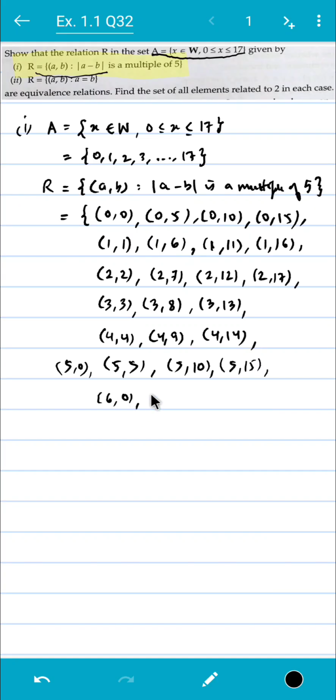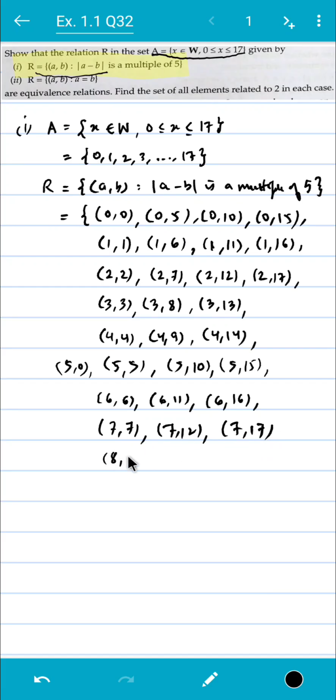Then 6. So (6, 6), because if you subtract 6 and 6 you get 0, a multiple of 5, then (6, 11), then (6, 16). Then you take 7, so (7, 7), (7, 12), and (7, 17).